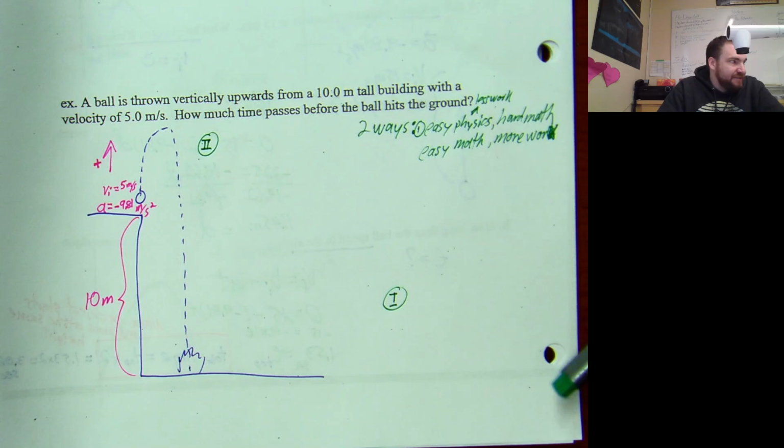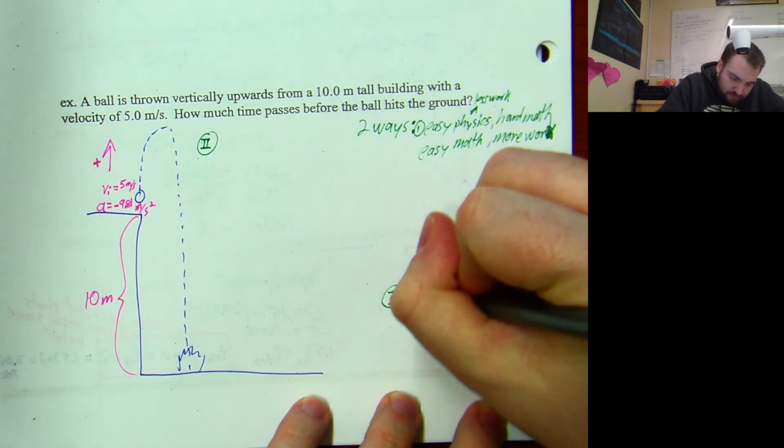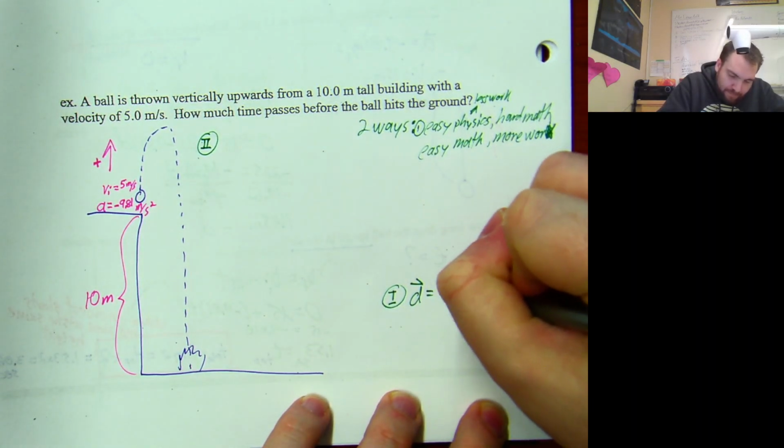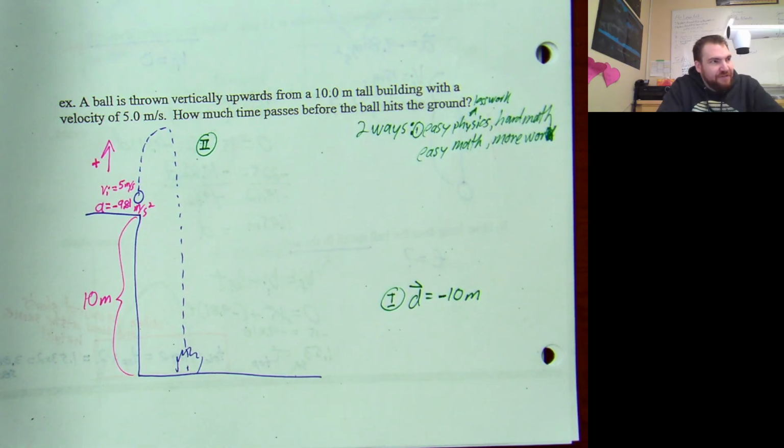The ball ends 10 meters below where it started. I don't care about what happens in between. What concept are we talking about there? Displacement. Our displacement is negative 10 meters.